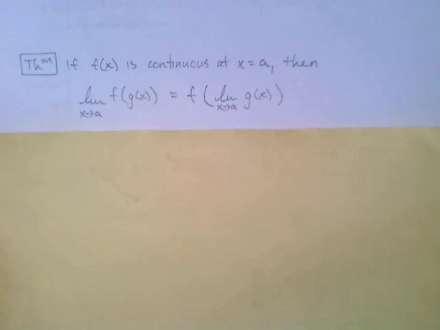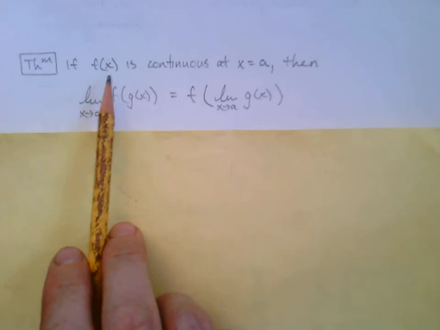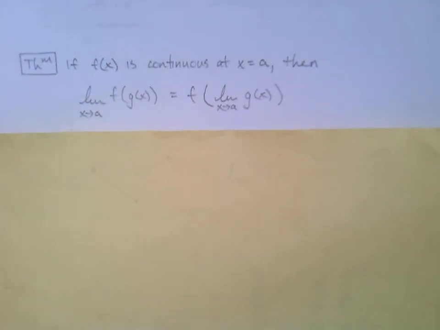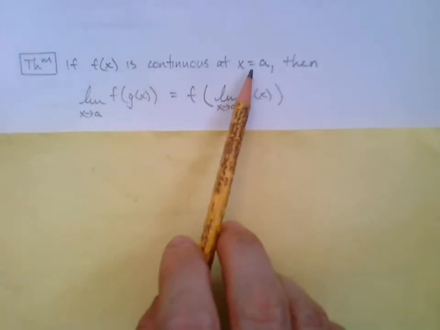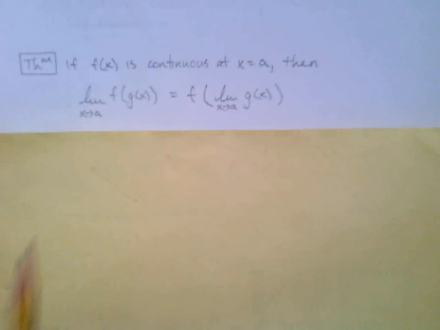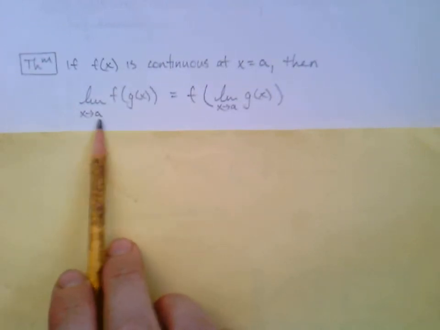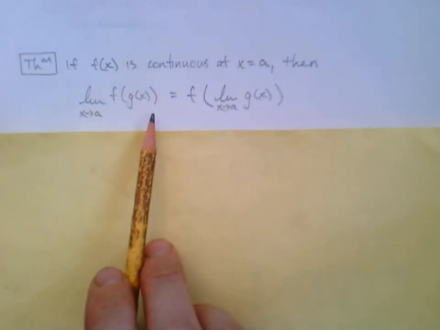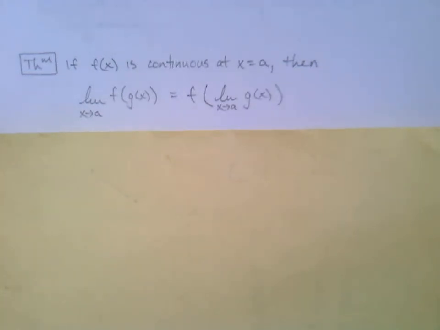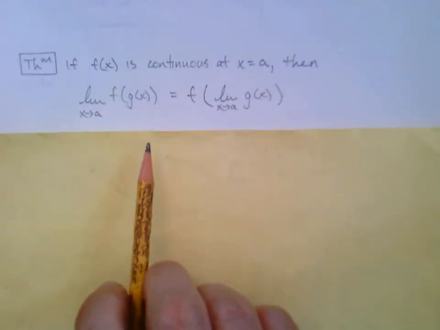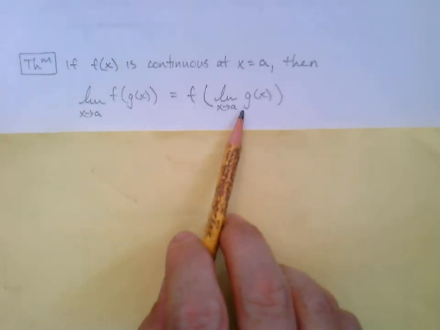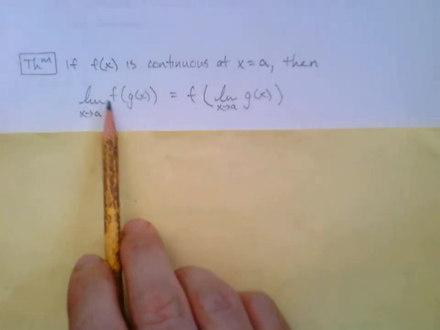And this is the key. If f of x is continuous at x equals a, and we already know all those 7 types of functions are continuous on their entire domain, then the limit as x approaches a for a composite function, f of g of x, is equal to f of the limit, like we're pushing the limit past the f.